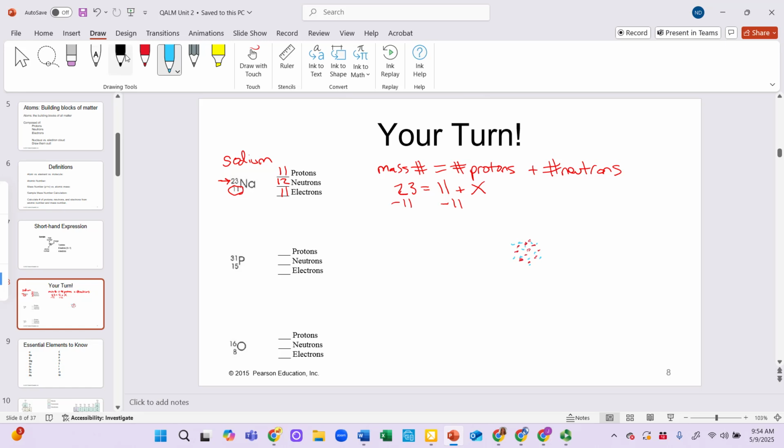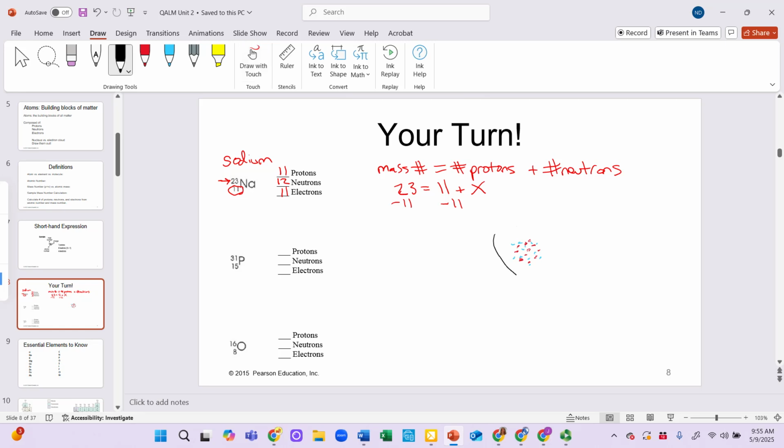Now we have 11 electrons. So as I mentioned when we were going through the definitions, electrons are found in orbits that circle around the nucleus. So if what I just drew here is the nucleus, we would have orbits that surround the nucleus.